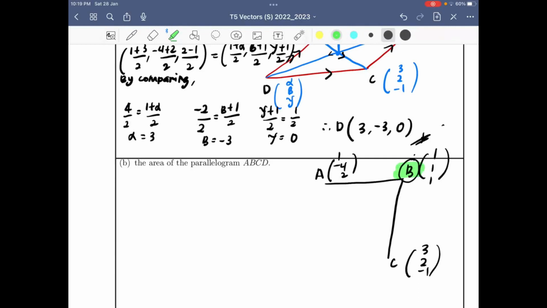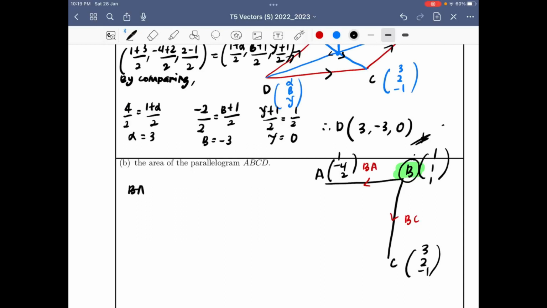This is our starting point, B. So from here, we need to find the vector for BA, right? BA here. And then this is BC.